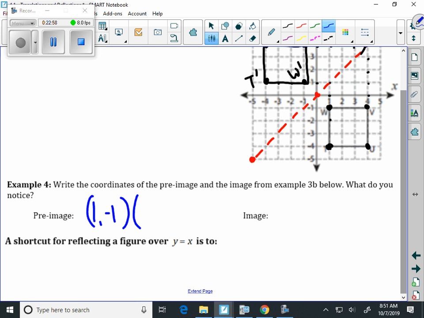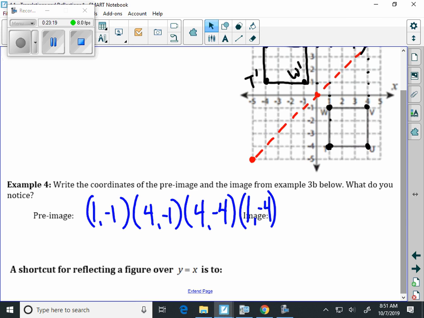V is 4, negative 1. U is 4, negative 4. And T is 1, negative 4.